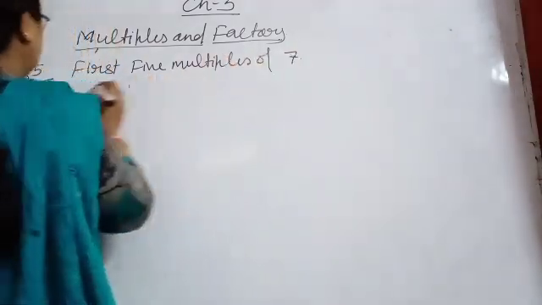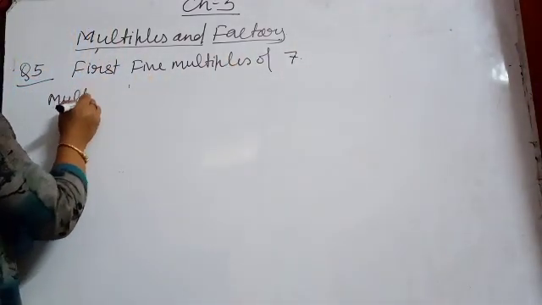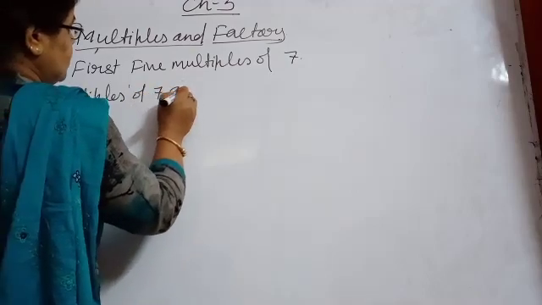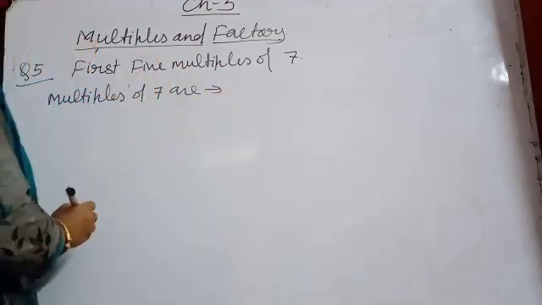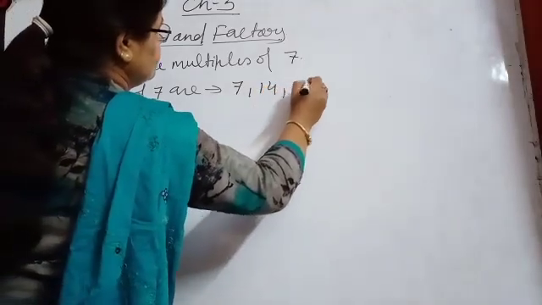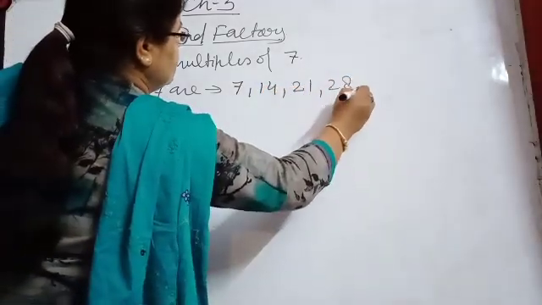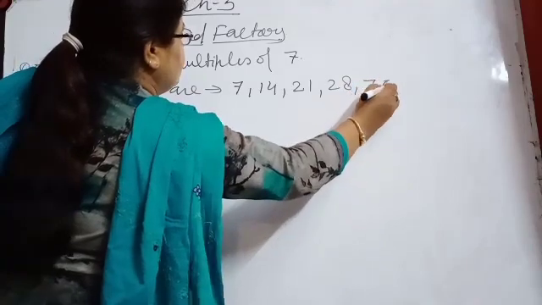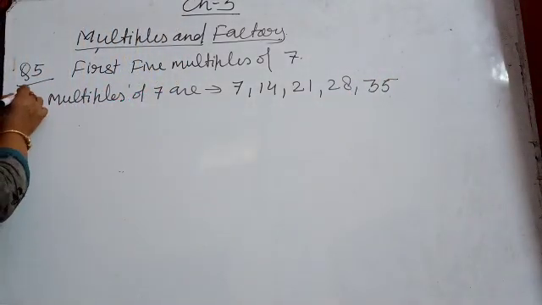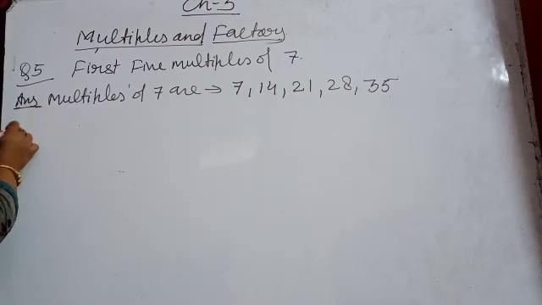Okay, so multiples of 7 are, which can be the multiples of 7? 7, 14, 28. These are 5 multiples of 7.